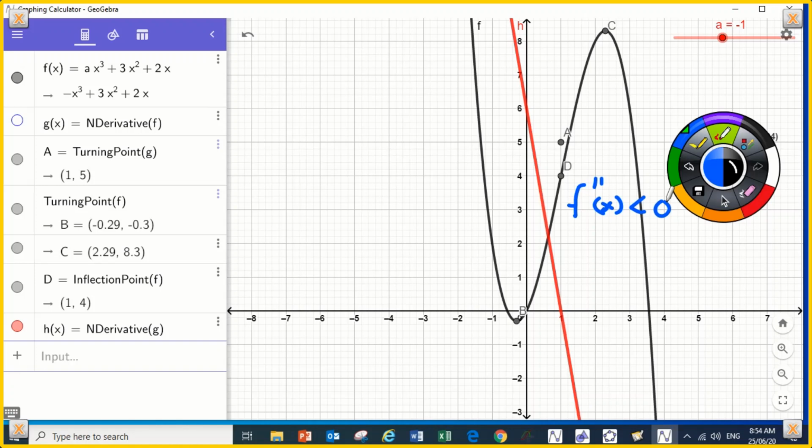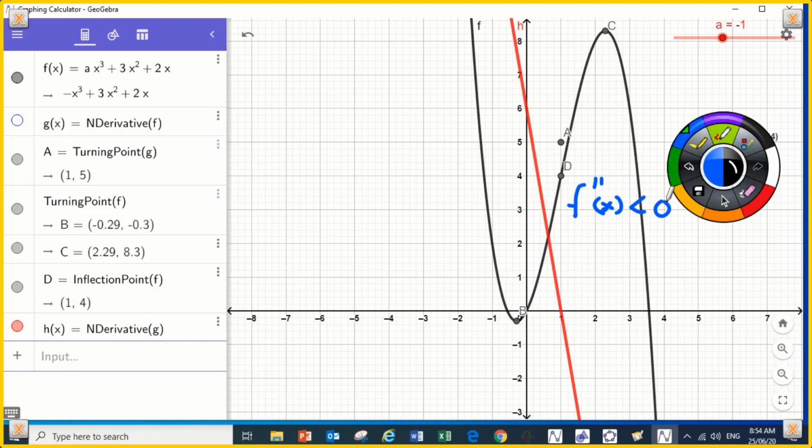That f double prime of x represents y. So what this means is, the y values of the second derivative, when it's concave down, will be negative. I hope you are following. So this is where the inequality originates from when sketching.